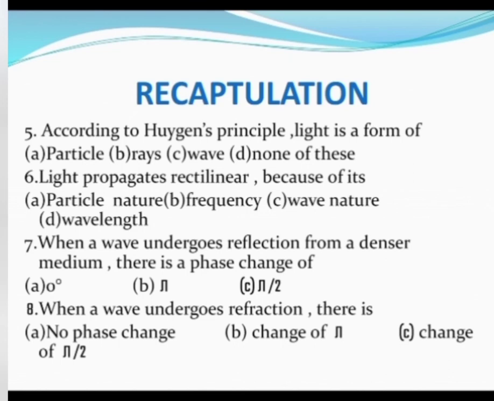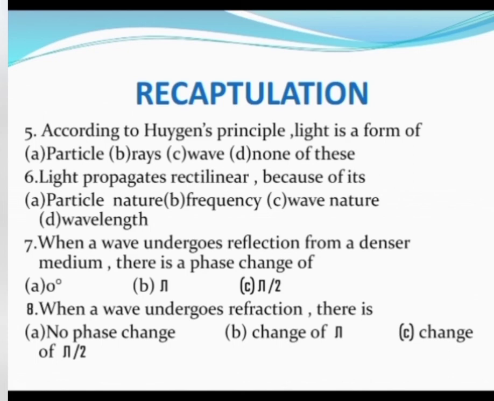In the 7th question, when a wave undergoes reflection from a denser medium, there is a phase change of: A option is 0 degree, B option is pi radian, C option is pi by 2 radian. In reflection, incident ray and reflected ray differ in phase by pi.